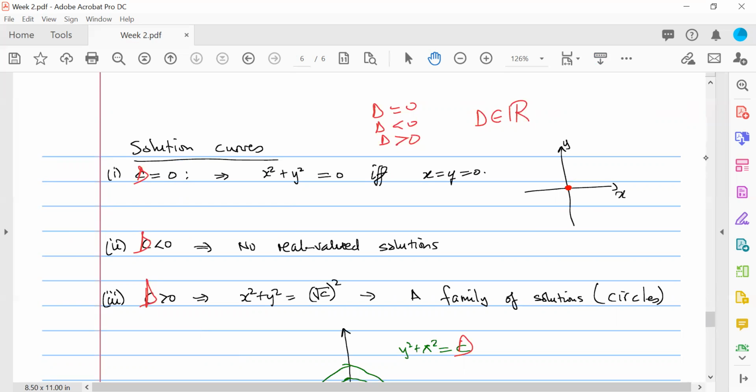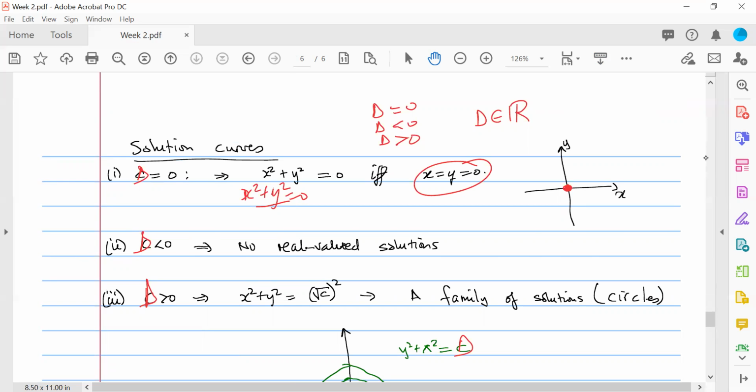So now if d is equal to 0, then you're just saying x squared plus y squared is 0. And what type of curve is this? It should be an equation of a circle with radius 0. So then it's just a point. The origin only happens when x is equal to y is equal to 0.